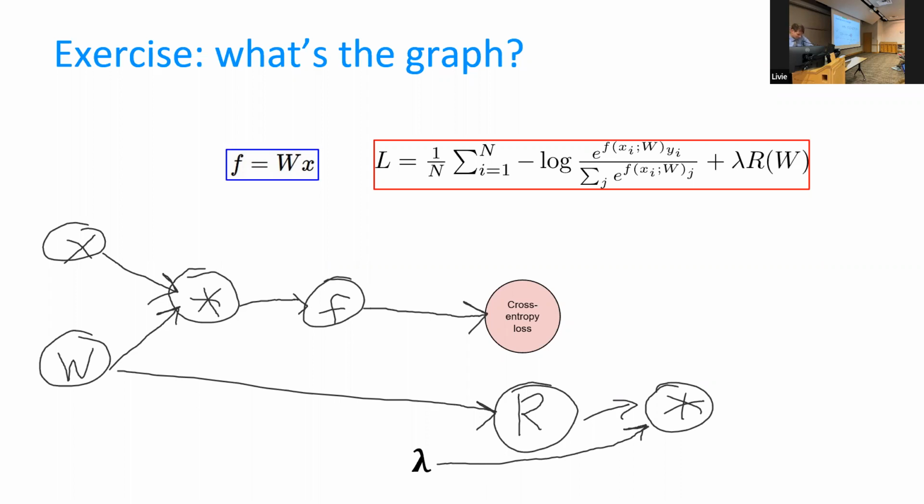Okay. That is a loss function. And so we could make this xi, make this loss Li, and then if we want to make this the sum over all of them, we would add one more node to this computation graph, which sums all of the Li's. Any questions on that graph?